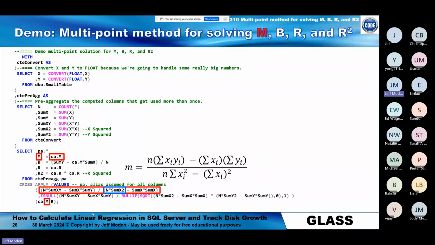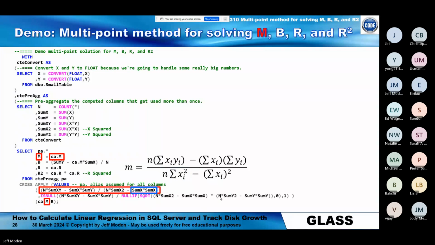N times the sum of X squared. Not hard. And then this is a little bit, you have to keep your mouth just right. People mispronounce this, the sum of X squared. It's actually the sum of X quantity squared, meaning that you have to take the sum of X and then square that instead of squaring each individual value of X. So we have sum of X times sum of X here.